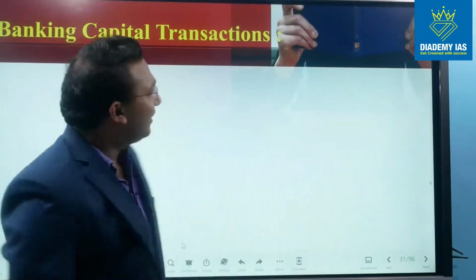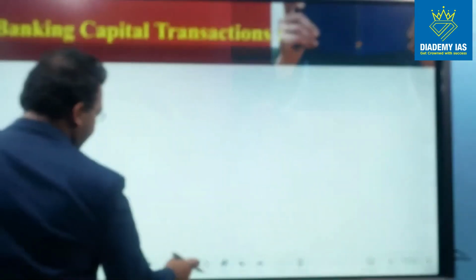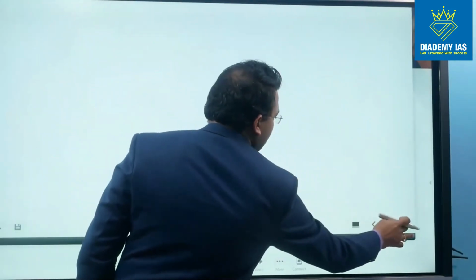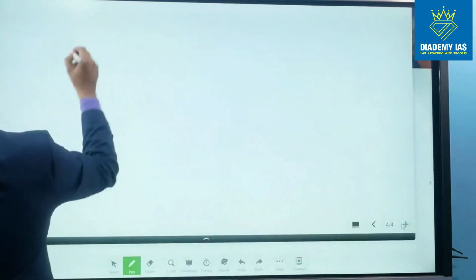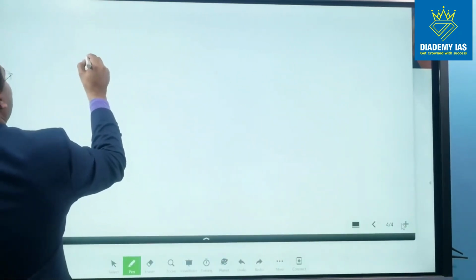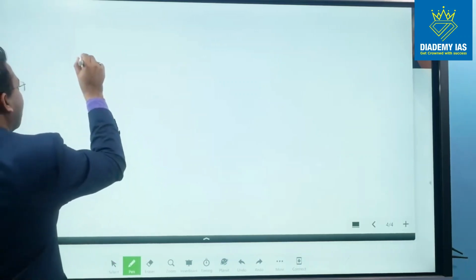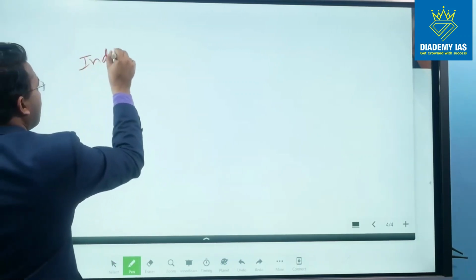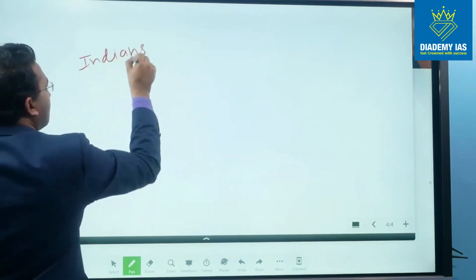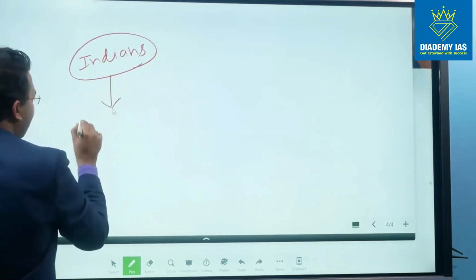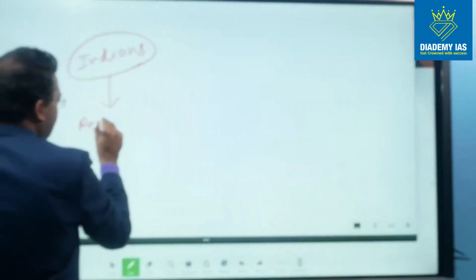So the banking capital transaction, what are these? Basically, there are many people who are Indians and who are residing outside India.